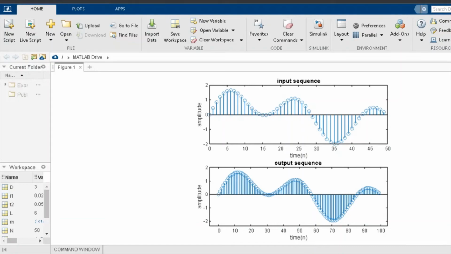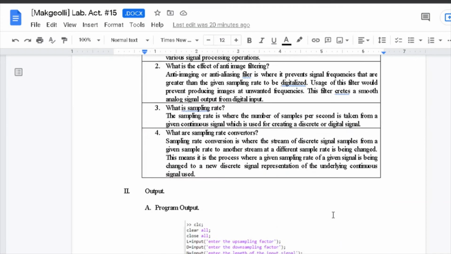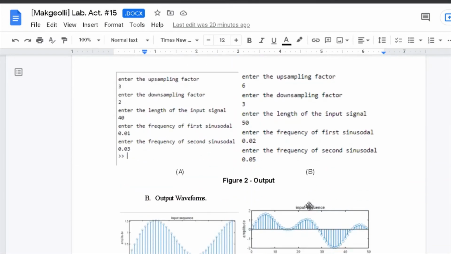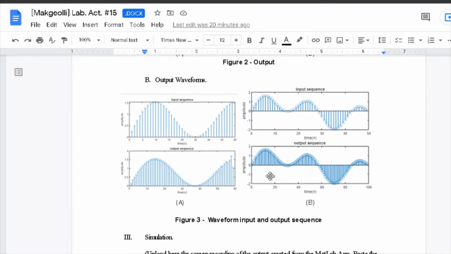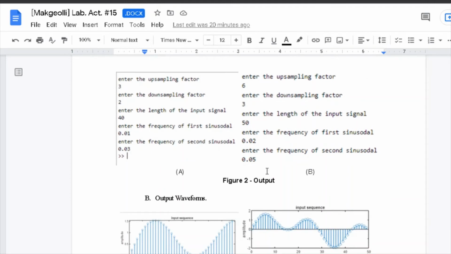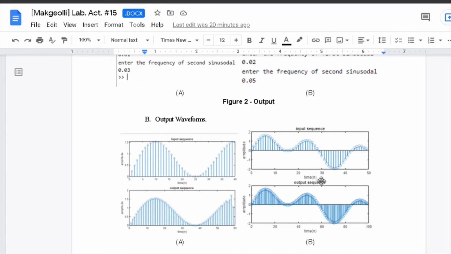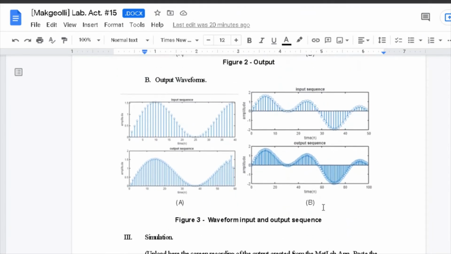Now going back to discuss the output, we can see that for both simulations, we have a higher value of upsampling factor, and as we can see, it reflects on the output.